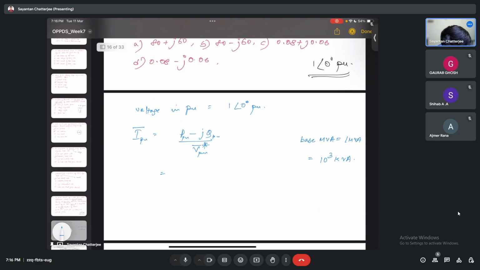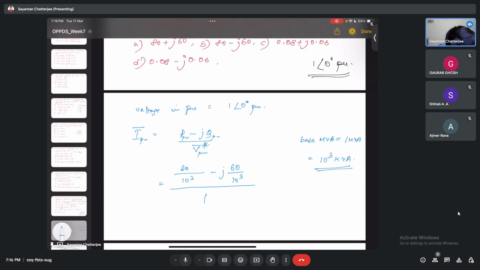So this is a simple rule. We just write 80 divided by 10 to the power 3 minus j 60 divided by 10 to the power 3. That means P per unit is calculated as the actual P value divided by the base MVA, and this one also by the base.